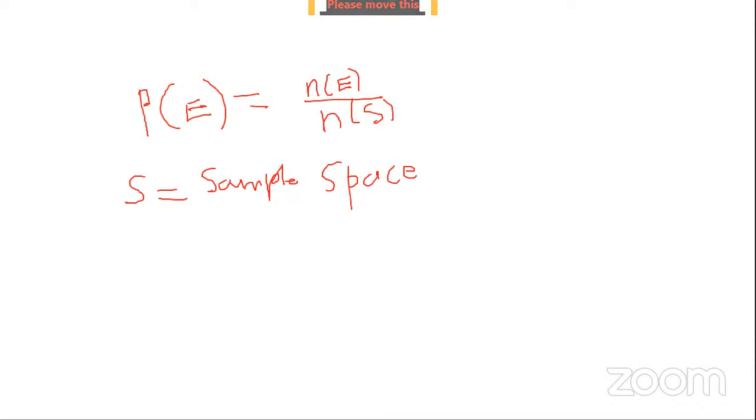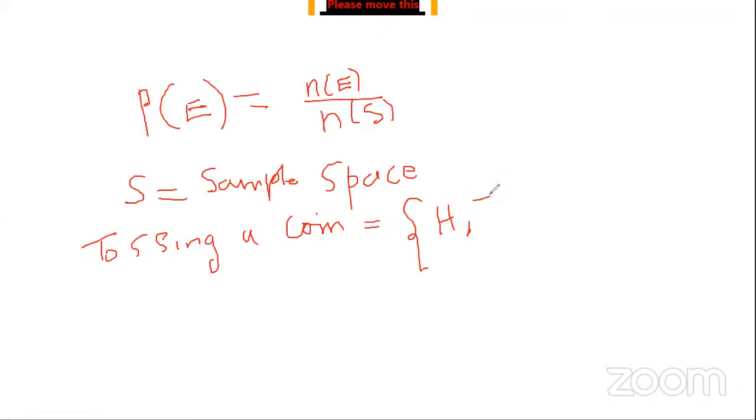Okay, like the meaning of the sample space. So we are saying in tossing a coin, we expect to get a head or a tail.